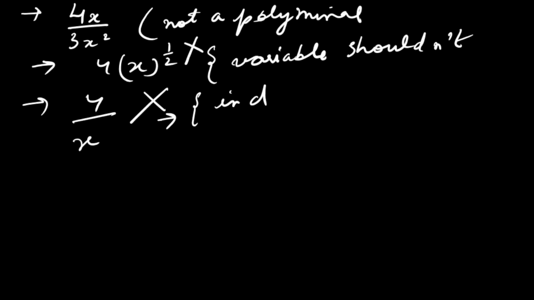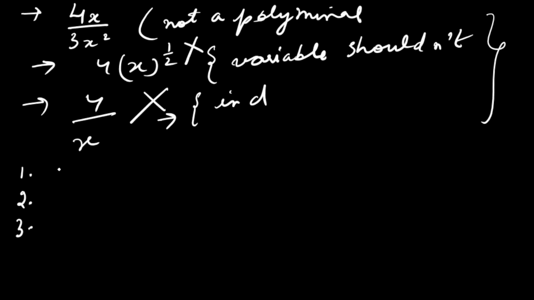You might get these types of questions in MCQs. I will also show you questions where you will be asked which of the following is a polynomial. So you have to remember these things regarding polynomials. Other than that, a few types of polynomials are there. Let's quickly discuss those also, then let's start with the topic.